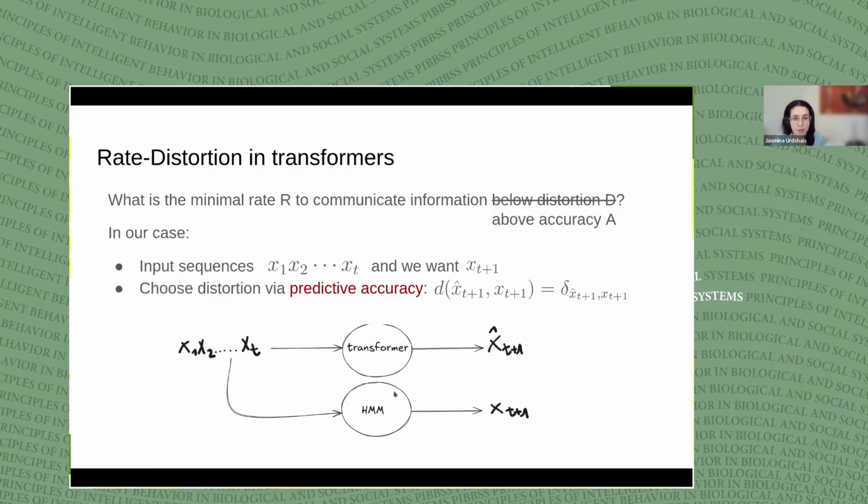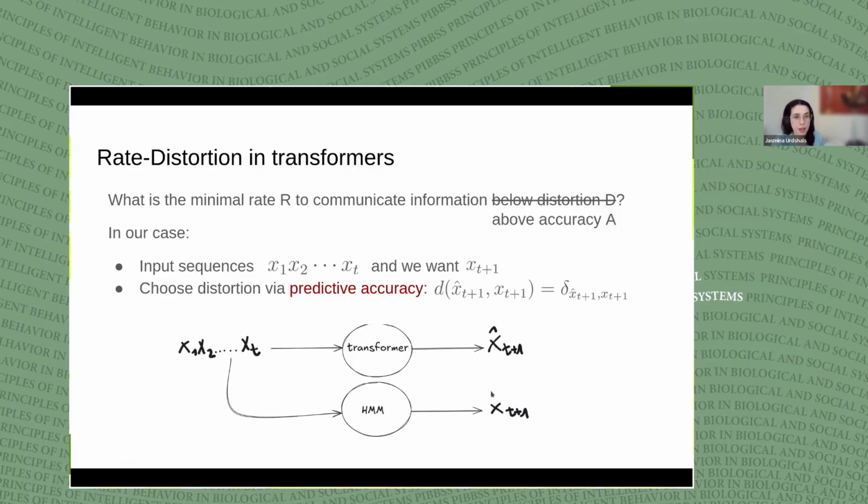We can do the same thing with the Hidden Markov model, so our ground truth from which we generate these sequences. And that would also spit out a prediction for what the true next token should be, at least in some statistical sense.